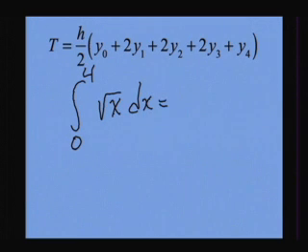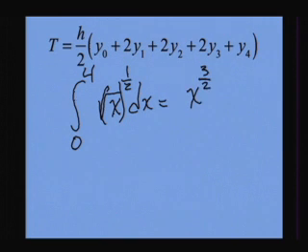So to integrate the square root of x, remember that that's the same as x to the 1/2, and that may make it a little bit easier for you to then see that this would be x raised to the 3/2. But then, of course, we need to put a 2/3 out in front so that they would cancel each other out. And that's going to be evaluated from 0 to 4.